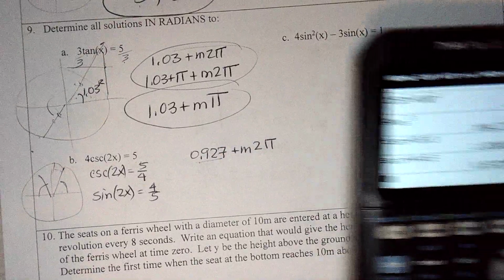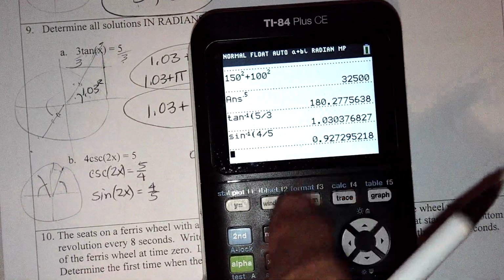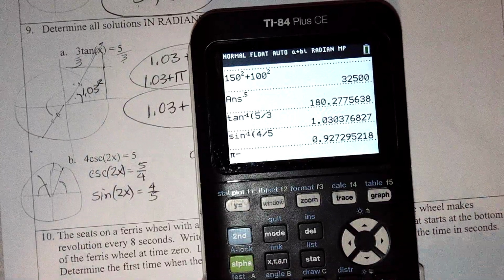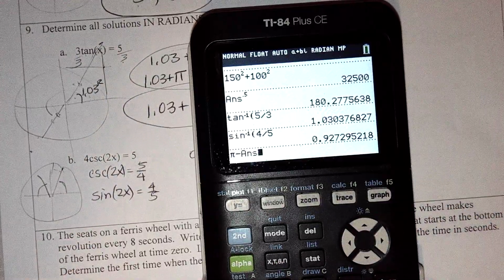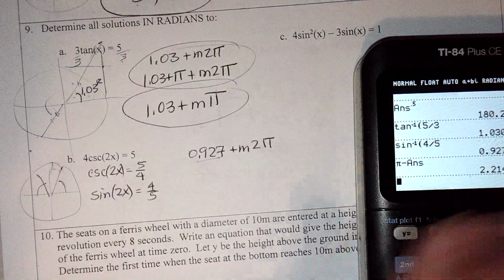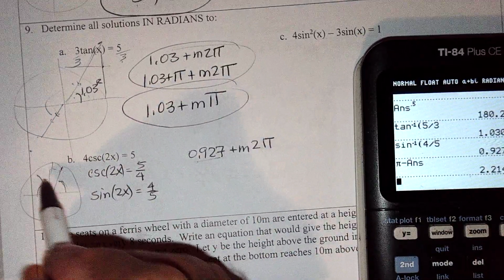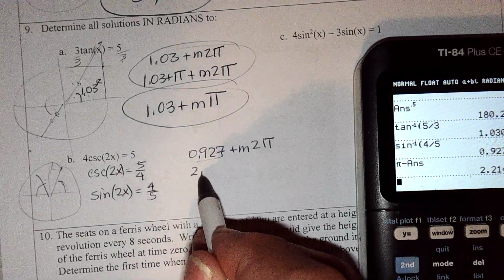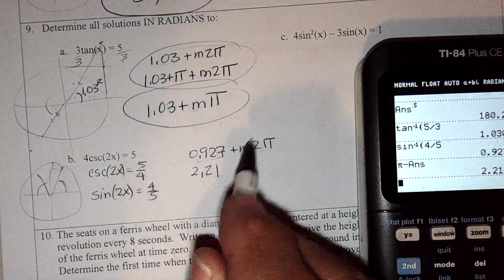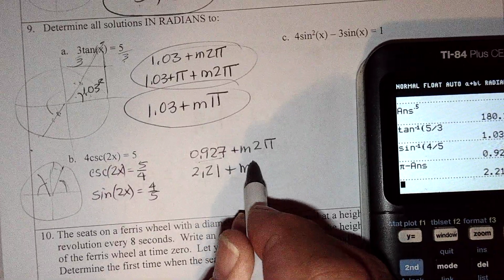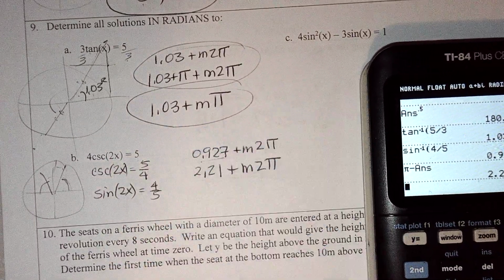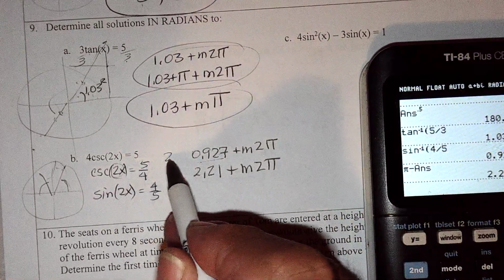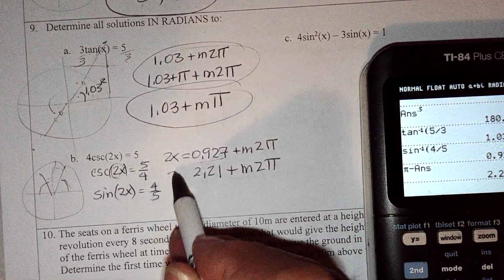So the other one is pi minus my last answer, and I get this angle to be 2.21 plus multiples of 2 pi. And that's what the 2x equals.